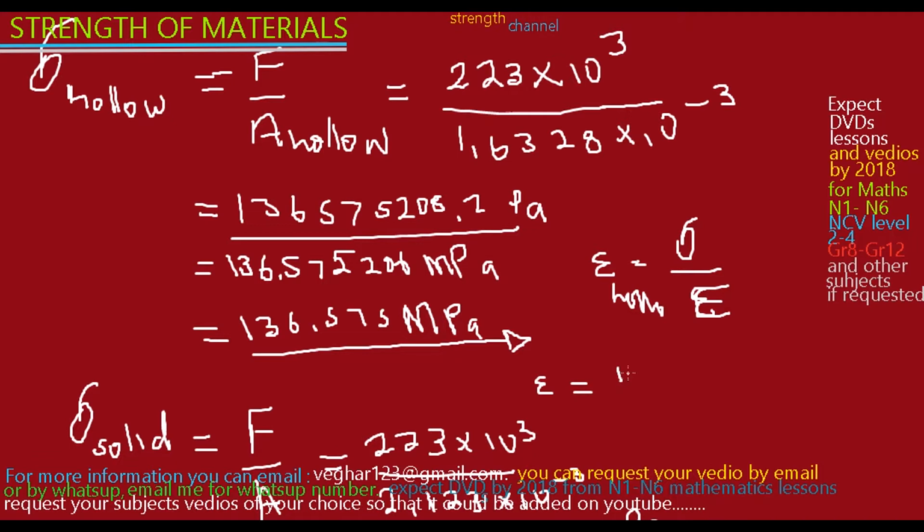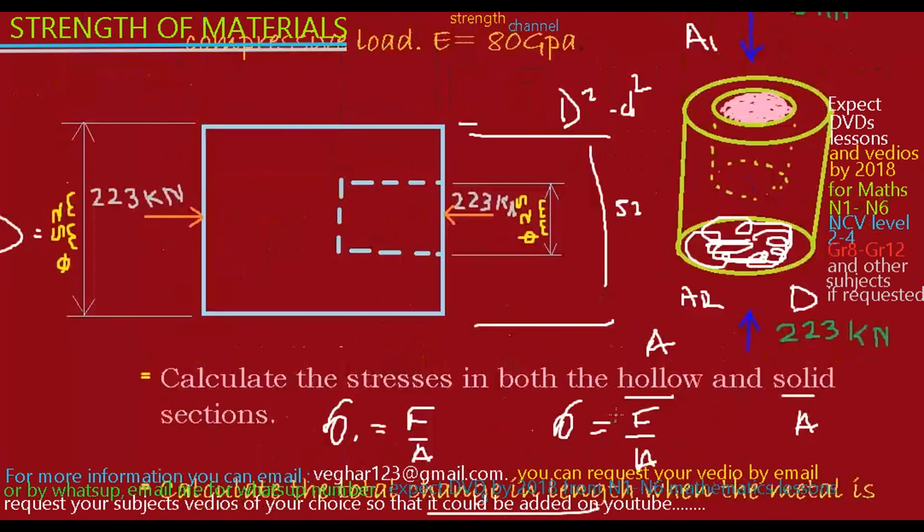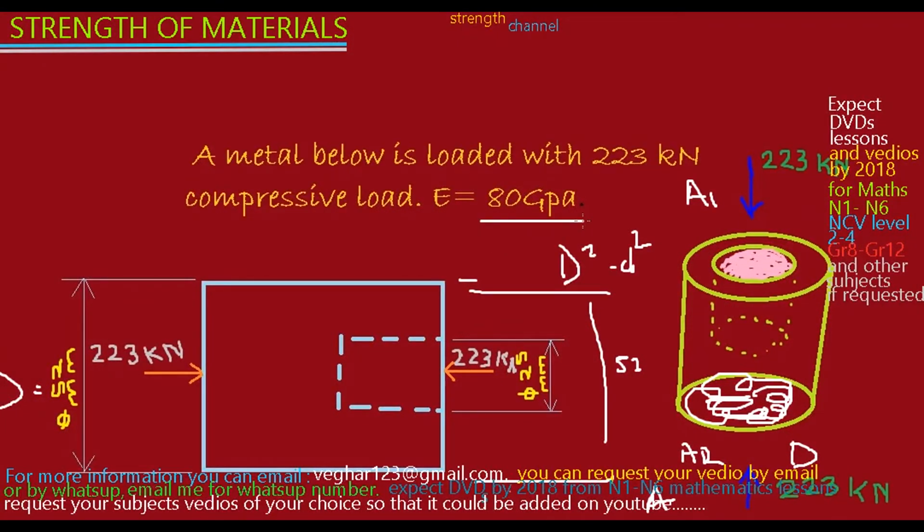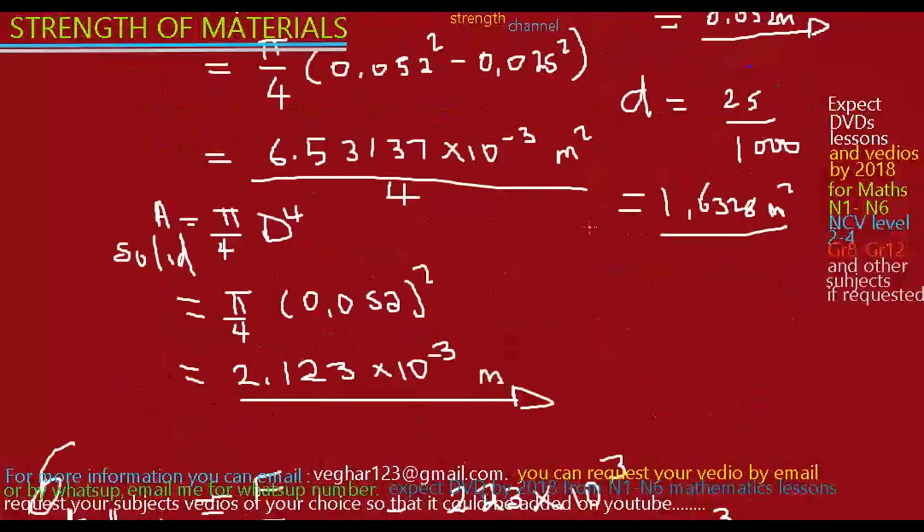So you'll have something like 575 times 10 to the 6. The modulus is given as 80 gigapascals.